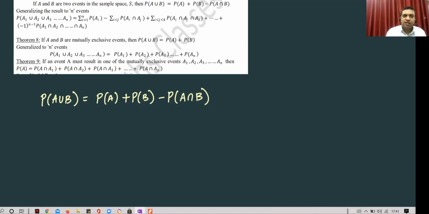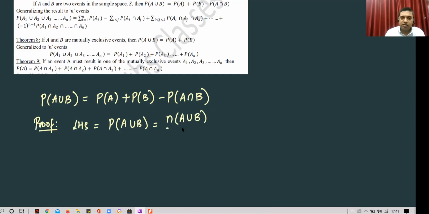The left-hand side is the probability of any event, which is the number of times that event occurs divided by the total number in the sample space, isn't it?